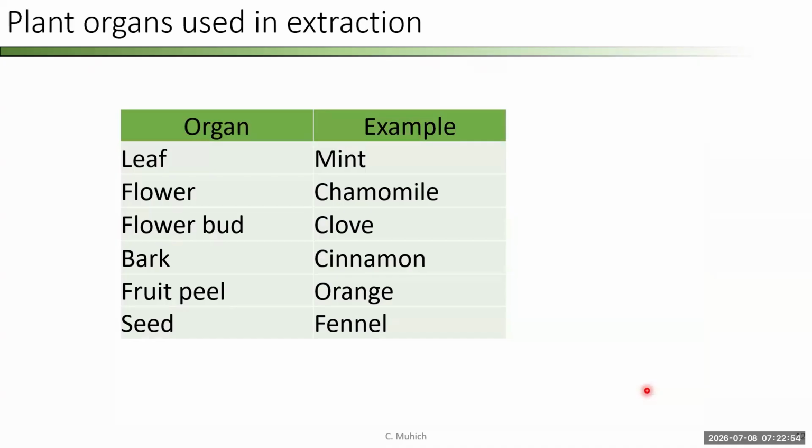Okay, so we've talked about different plant organs and tissues. Like I said at the beginning of today's class, the different organs that we're usually interested in are things like leaves, flowers, flower buds, bark, fruit peels, and seeds. And so these have different examples.